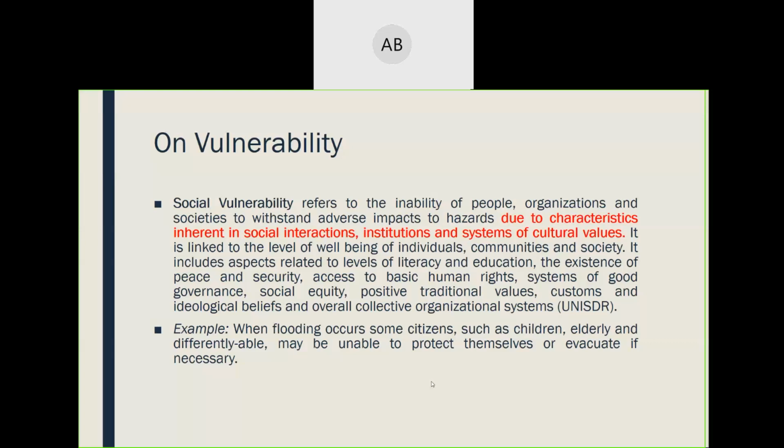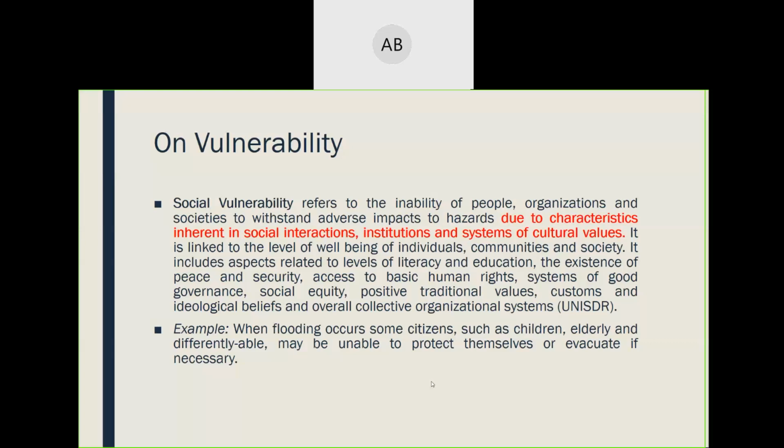But what about the other aspects of vulnerability, which we more or less overlook in the discussion? As I said, vulnerability is a very big chapter.